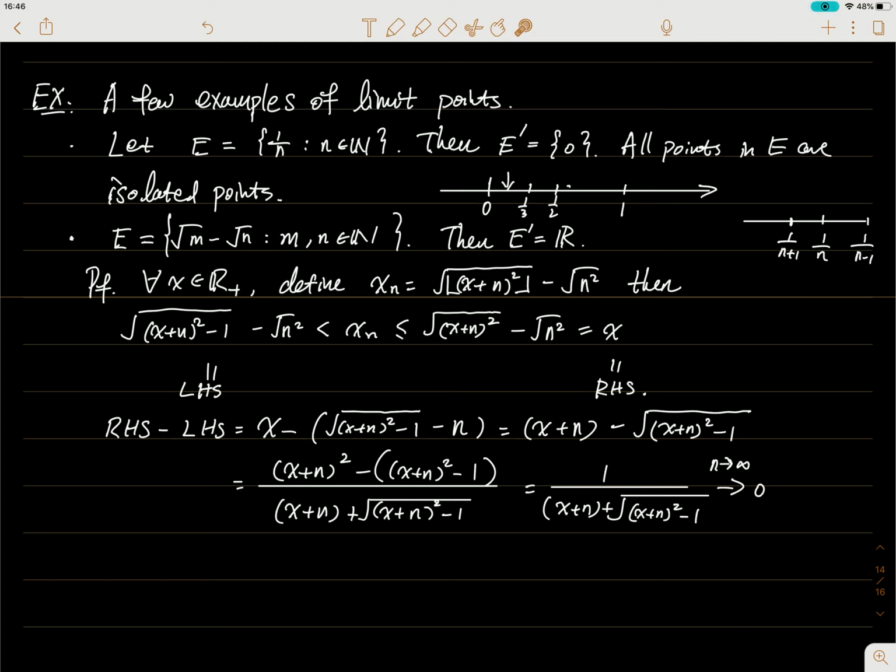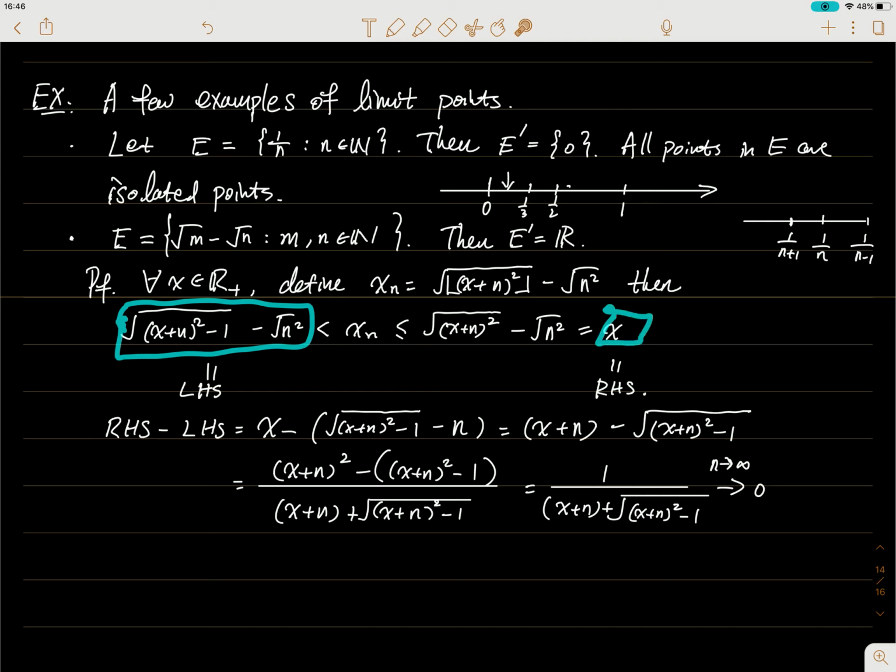So in this case, I have a lower bound for xn. What I'm going to show is that this lower bound is tending to the upper bound. So this lower bound is getting closer and closer to x as n goes to infinity. Now to show this, let me denote the left-hand side and the right-hand side.